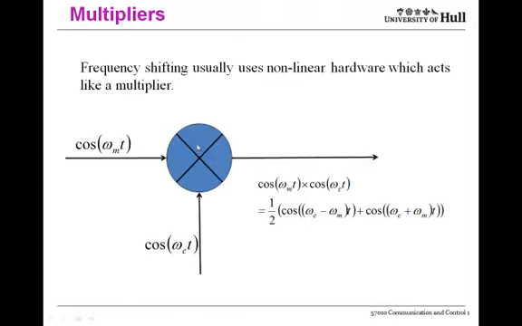These multipliers are general nonlinear pieces of hardware, and they've been engineered so the output is dominated by the product of the two inputs. But all other terms will be in the output as well, such as the input carrier wave, a small amount of that will go straight through. The message signal, some of that will go straight through.